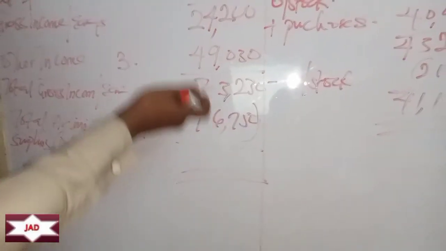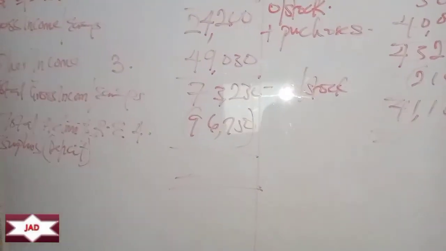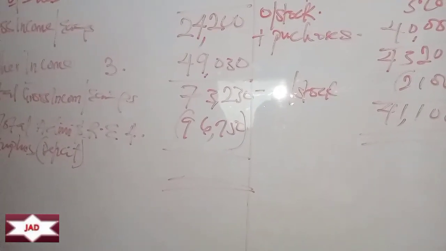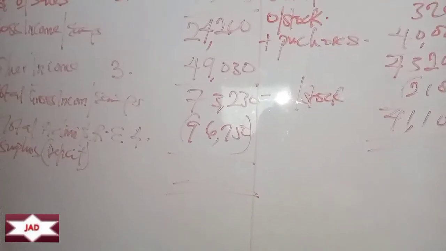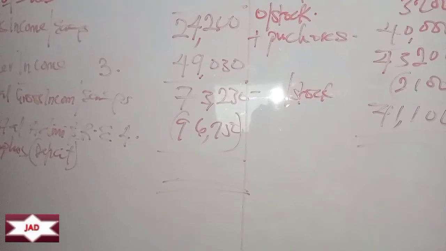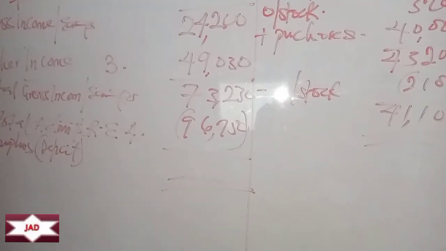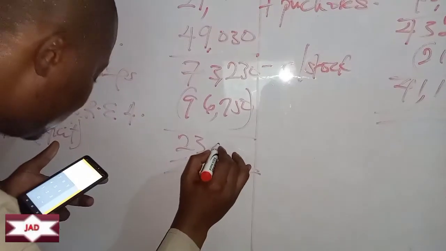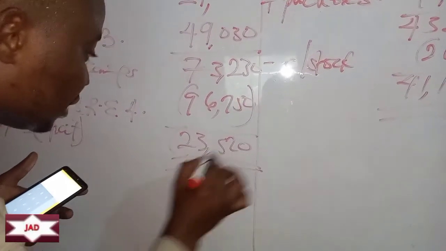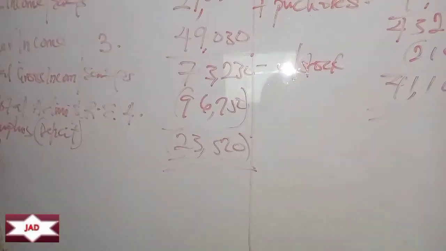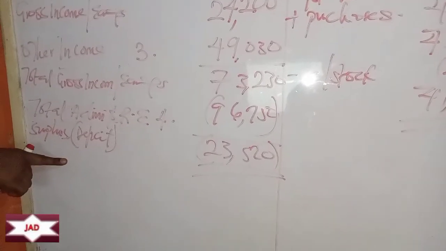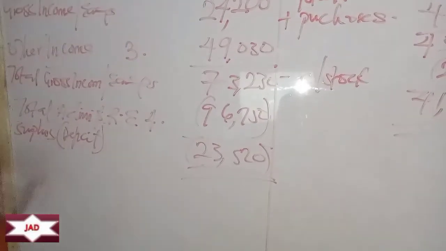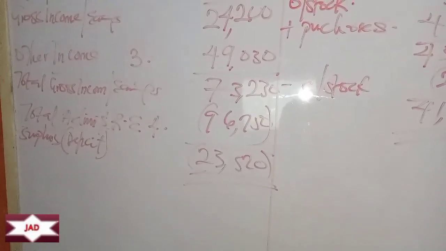This is 750 minus 73,230. So what do you have? 23,520 in brackets. This is a deficit. If you're reporting as a company or as a profit-making organization, you can call it a loss.